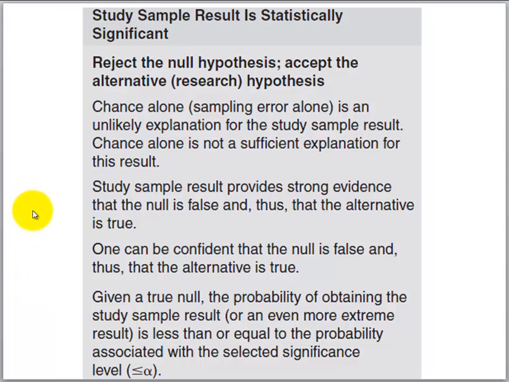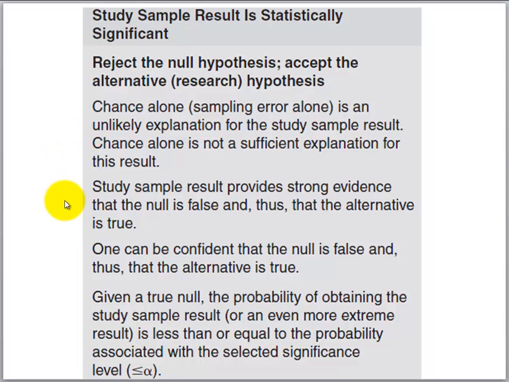Now, this slide shows a series of conclusions that you can make when study sample results are statistically significant. So, a statistically significant result is indeed the very same thing as the situation in which you reject the null. Further, when the result is statistically significant, a basic conclusion that you draw is that chance alone is an unlikely or an insufficient explanation for that result.